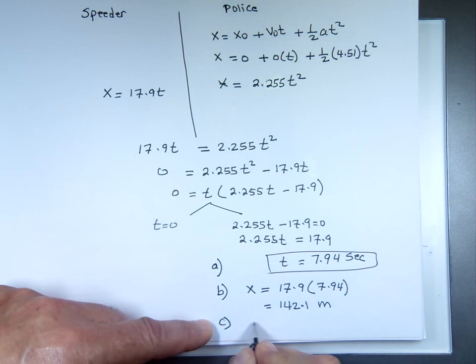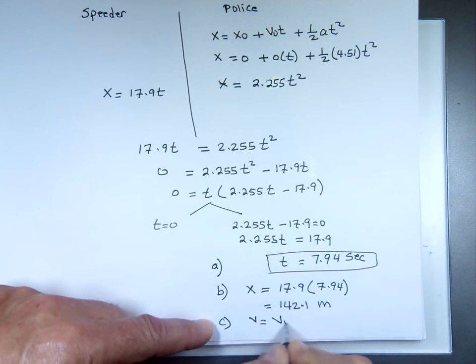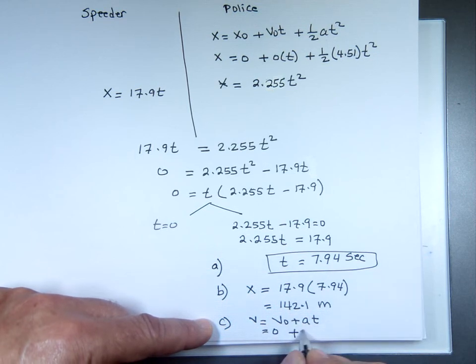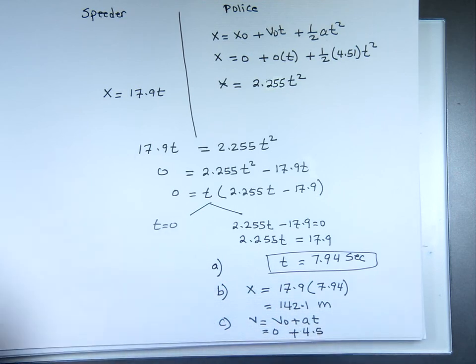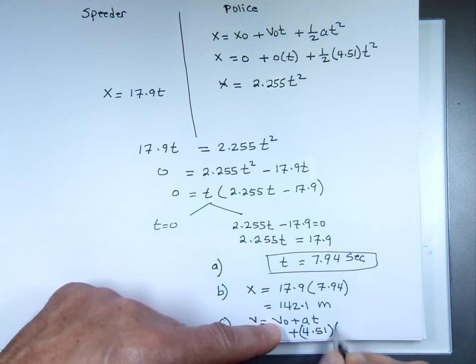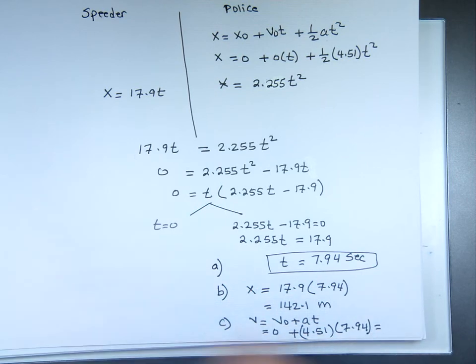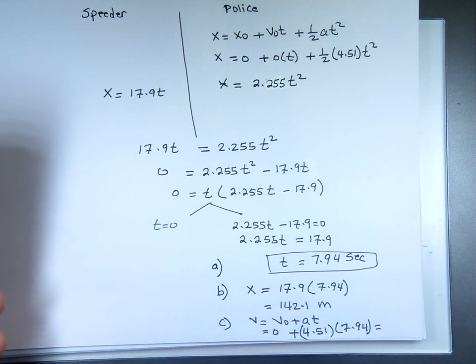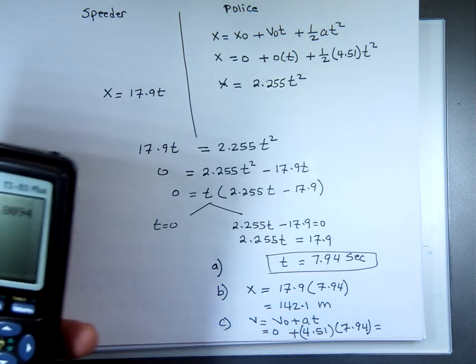V equals V0 plus at. What was the acceleration? 4.5? Was it 4.5? 1, yep. And what was the time? 7.94. 35.8 meters per second.